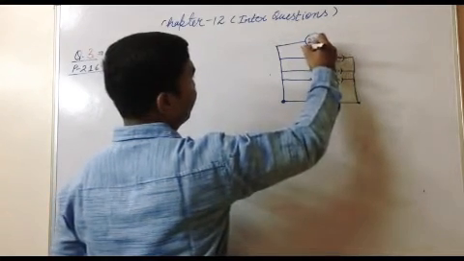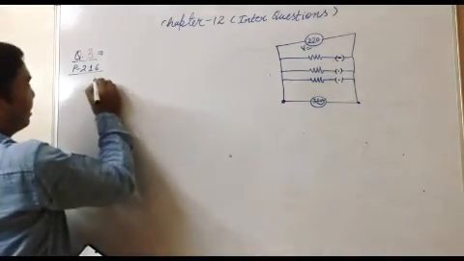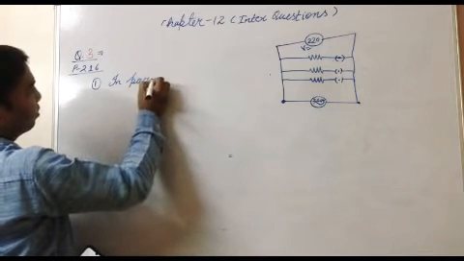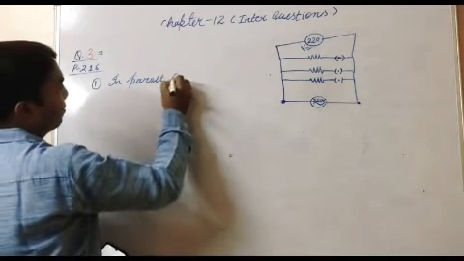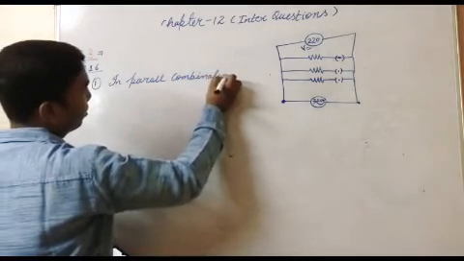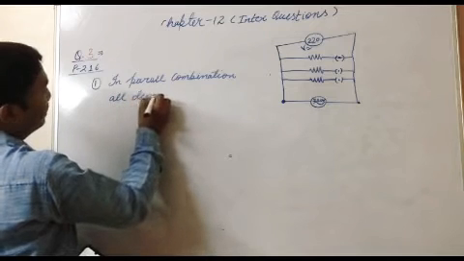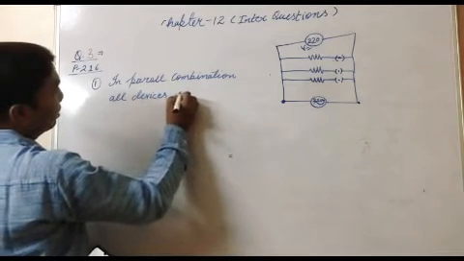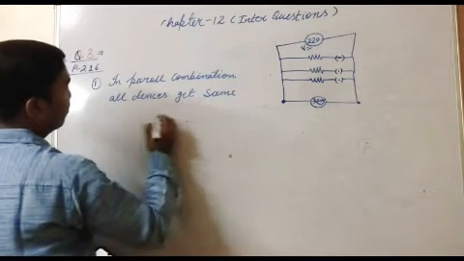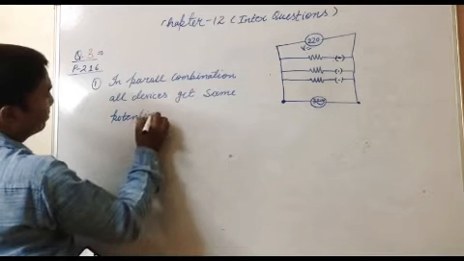If you put a voltmeter here, the first advantage is in parallel combination, all devices get the same potential difference.